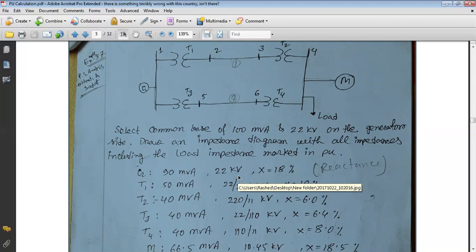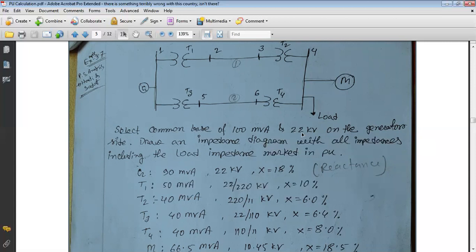But in our question, we have to calculate the generator per unit reactance once again with the new power base of 100 MVA and the new voltage base of 22 kV.